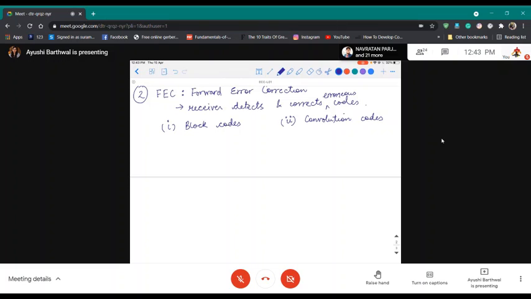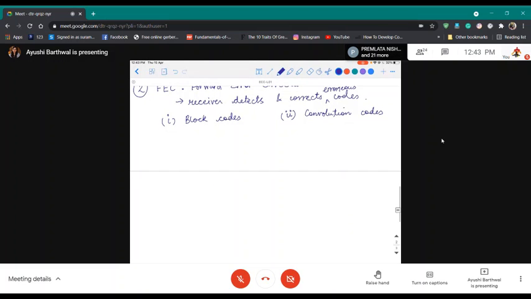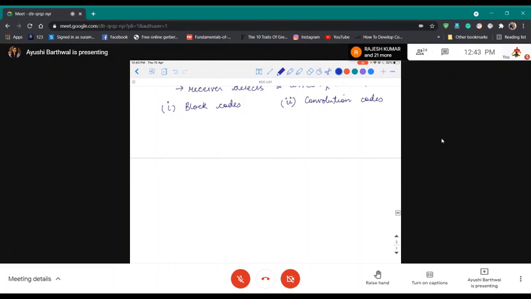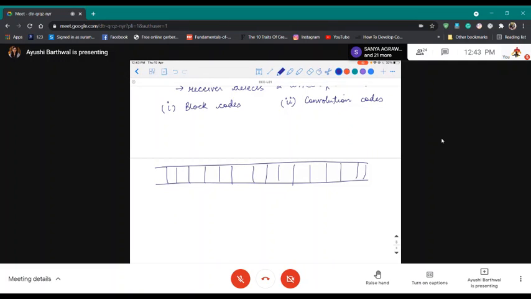So in block codes, we took an example of block codes a little while ago. What happens? Suppose there is a data stream. This is a binary data stream, which means it will contain 1s and 0s. What will a block code do? This is an example of a block code.